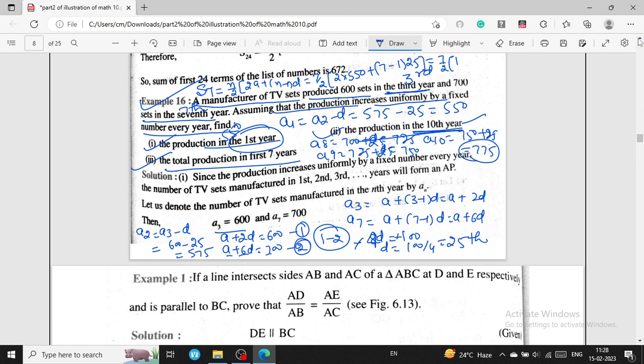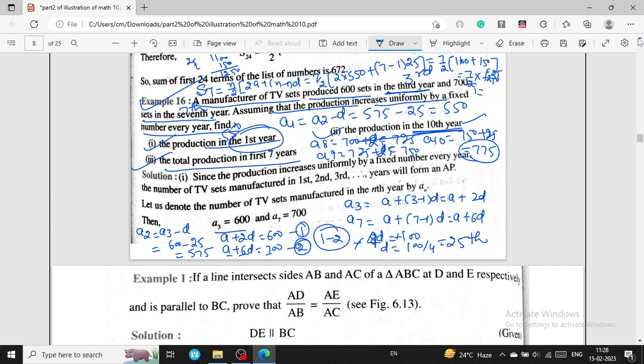55 2s are 110, that means 1100, plus 7 minus 1, 6. 25 6s are 150. You can see here 7 by 2 multiplied by 1100 plus 150. It will be 1250. Now 2 6s are 12, 2 2s are 4, 2 5s are 10.